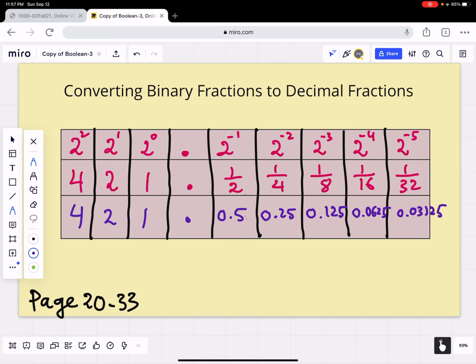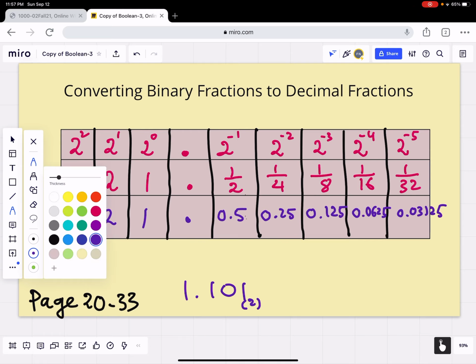So let's look at an example like 1.101. This binary we want to convert to the decimal fraction. So we gotta make sure you line them up correctly. I'm gonna use a different color here, the green color.